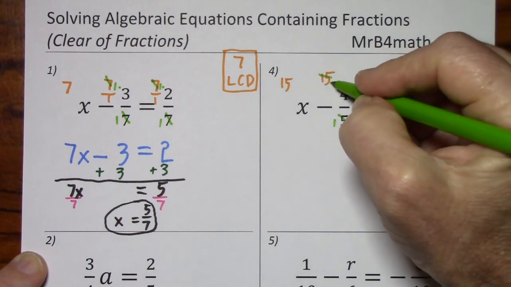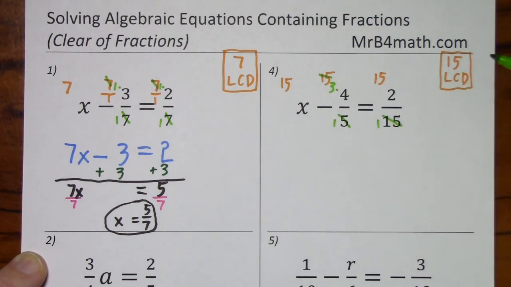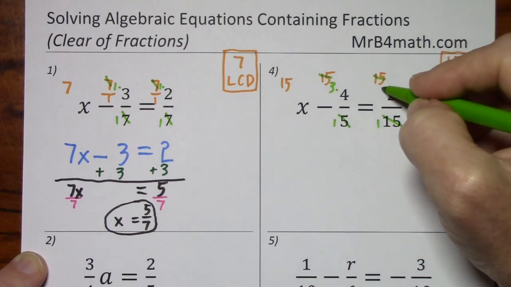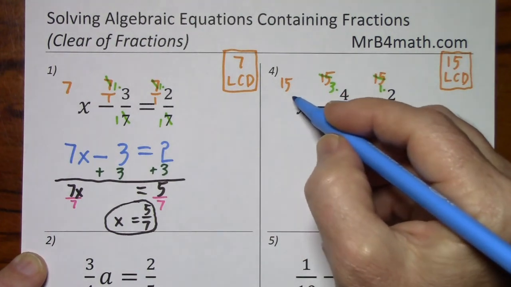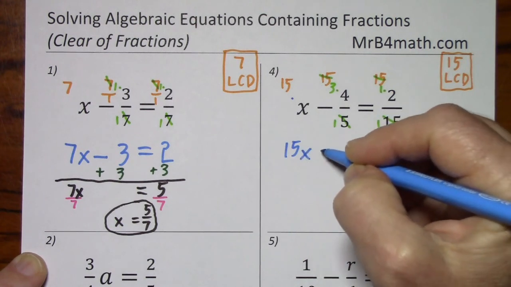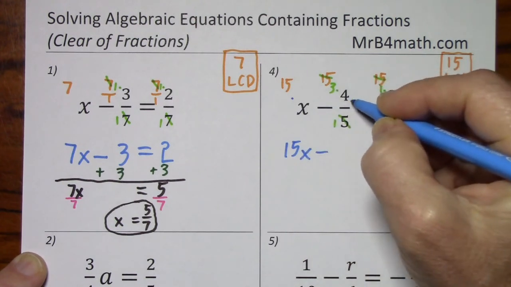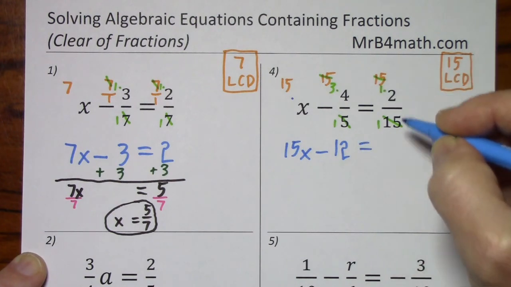Divide by 5 leaves you with 3. Divide by 15 leaves you with 1. Divide by 15 leaves you with 1. So what's left standing? 15 times x. Bring down that negative. 3 times 4. 1 times 2.